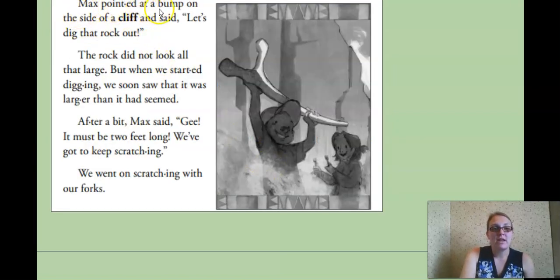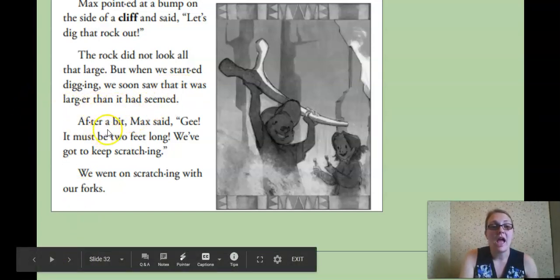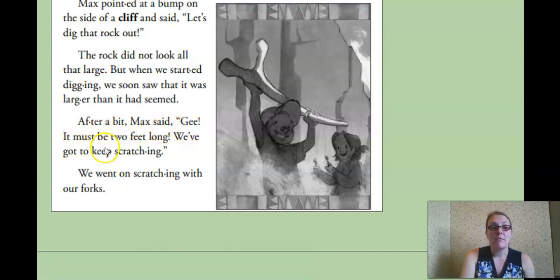Max pointed at a bump on the side of a cliff and said, "Let's dig that rock out." The rock did not look all that large. But when we started digging, we soon saw that it was larger than it had seemed. After a bit, Max said, "Gee, it must be 2 feet long.